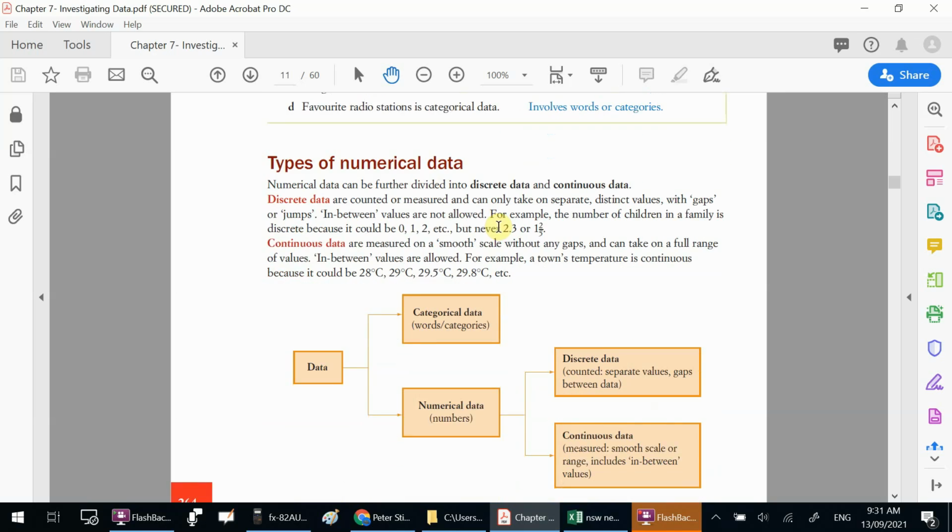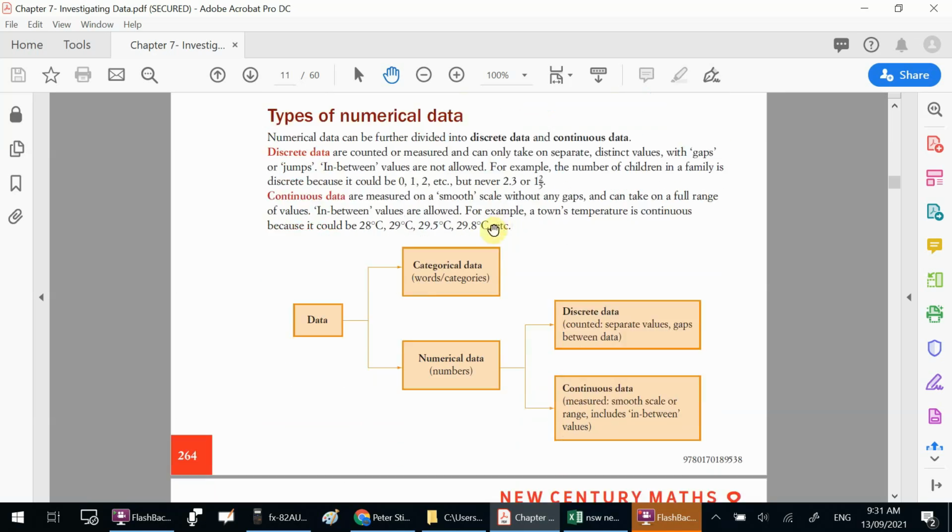So there we go, the broad two main types, and then it divides the numerical into two types. So here's a broad picture of what we're dealing with in this section. So data into categories or numbers, and numbers we can divide into discrete or continuous. Basically, it comes down to the fact that discrete data is counted and continuous data is measured.